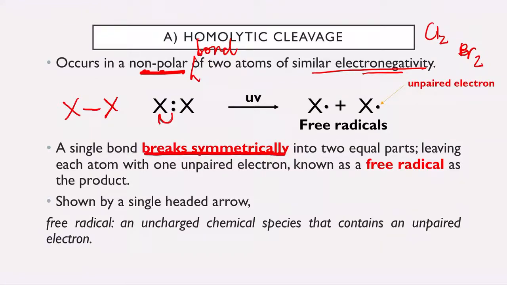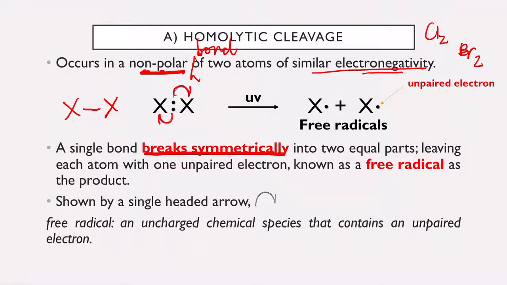That shows that 1 electron will be accepted by one of the atoms, and then you will form a free radical. So this is called a free radical when you have an unpaired electron on that compound, that element, that molecule, that atom. Okay, the second arrow, you can also show your half-headed arrow, your curly arrow. So that's homolytic cleavage. You cleave that bond, cut it, then you will get your free radicals. So you have unpaired electrons.